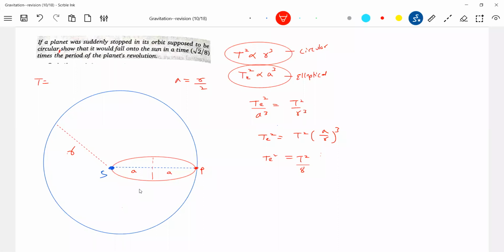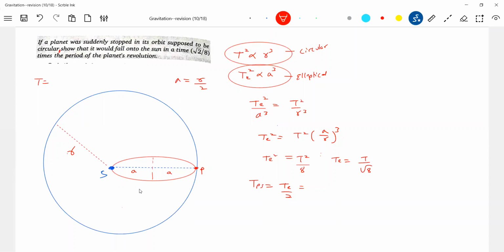Then what is TE? The time taken if it were a complete elliptical orbit. The time taken to move from P to S should be TE by 2. And TE from here should be T by root 8.